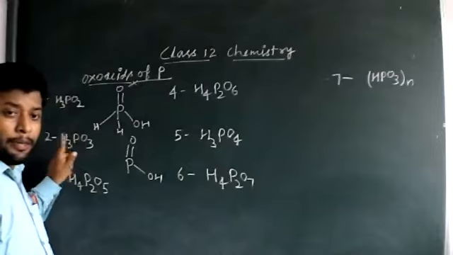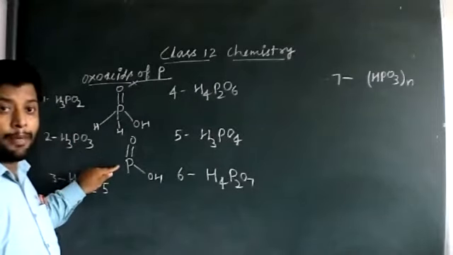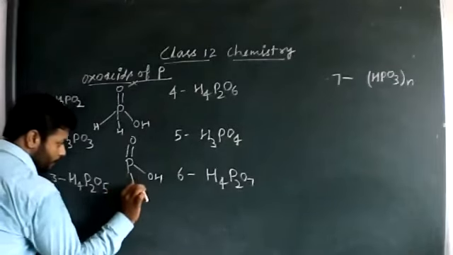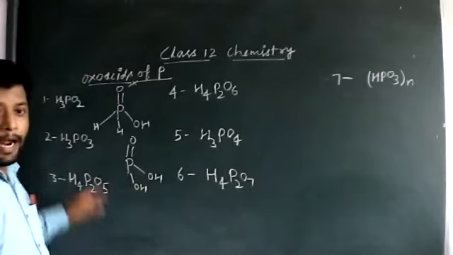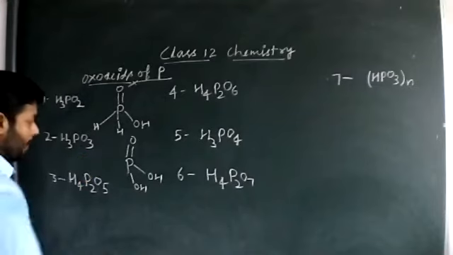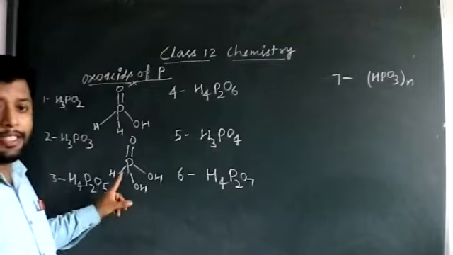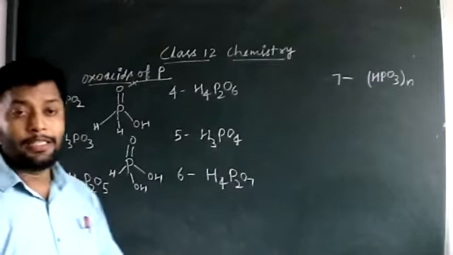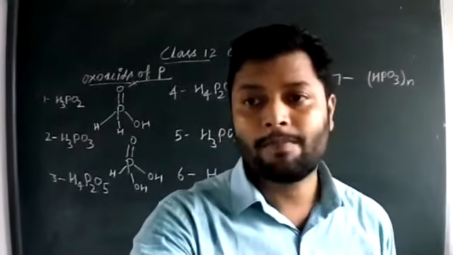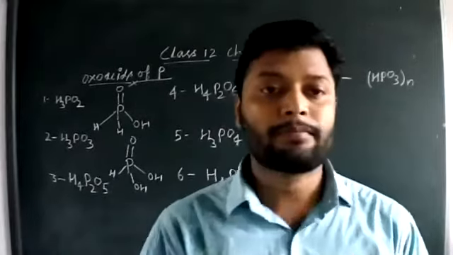So that oxygen must contain hydrogen and be attached to phosphorus in the form of OH. And if hydrogen remains in the formula, that will be attached to the phosphorus directly. That is the structure of H3PO3. The common name is phosphorus acid, also known as orthophosphorous acid, but the common name is phosphorus acid.